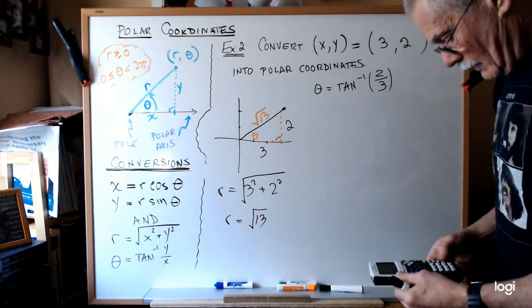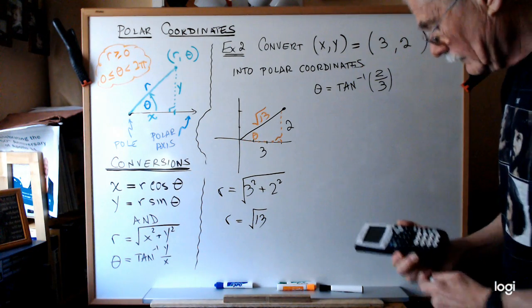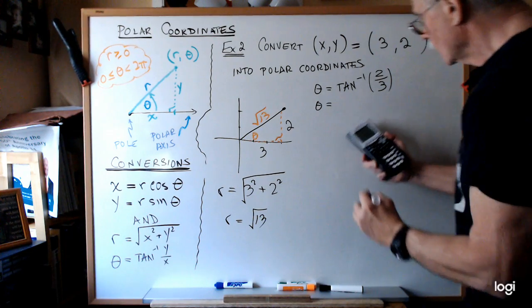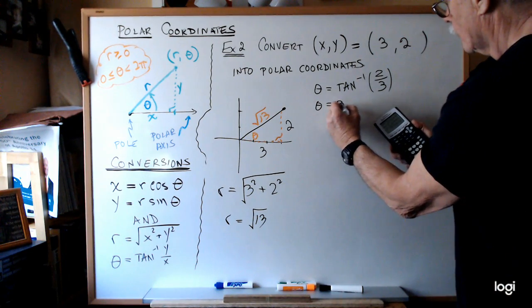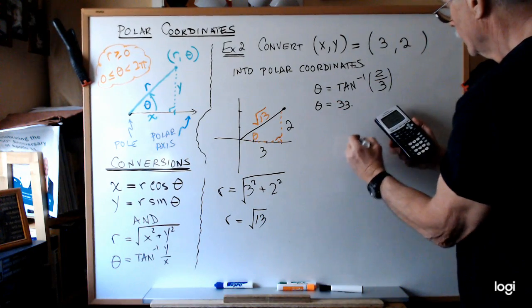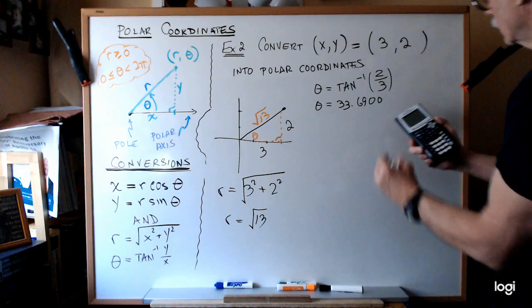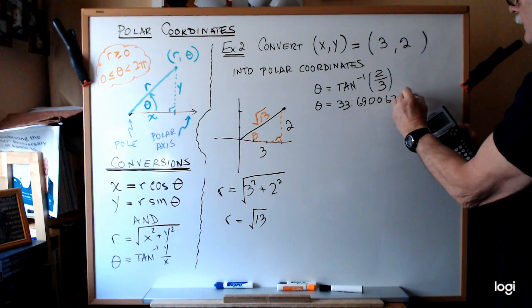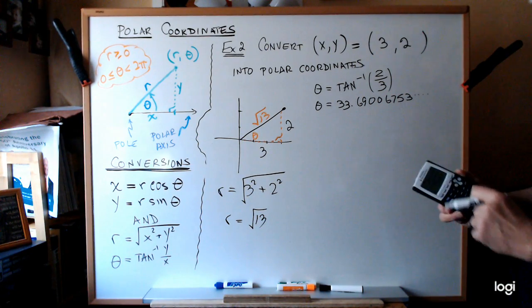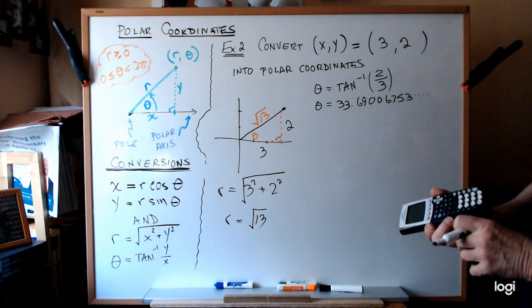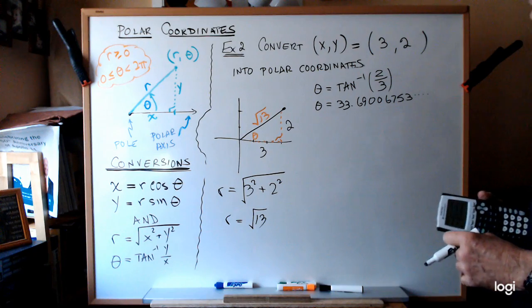I hit the enter key and I get theta equals 33.69006753, yada yada yada. Looking at that, that's about 33 degrees, or closer to really 34.